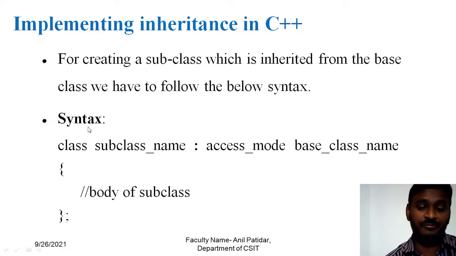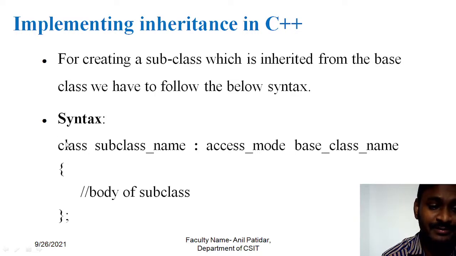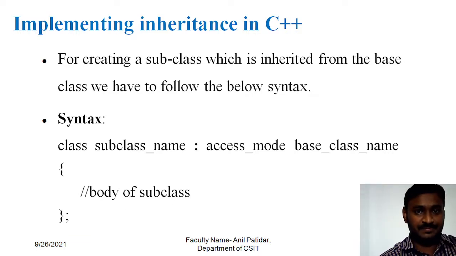First we write the keyword class, then the name of the subclass, then a colon, then the access mode, means access specifier like public, private or protected, then the base class name. Then, in the curly braces, we write the body of the subclass, means the data members and member functions of the subclass.